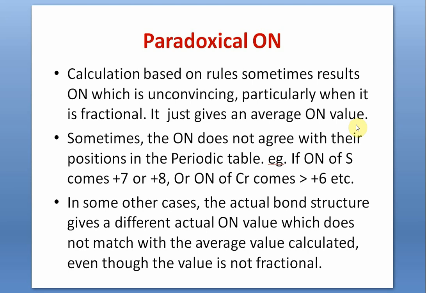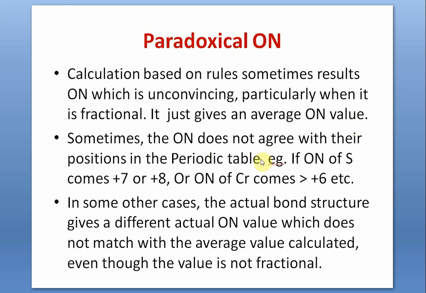Electron is either shared or transferred. Either it gains 1 electron, 2 electrons, 3 electrons, or loses 1, 2, 3 electrons, and so on. It has to be +2, +3, +4, or -1, -2, -3. How can it be fractional? So if that comes, then you have a strong suspicion that it's not the true oxidation number. It is merely an average.